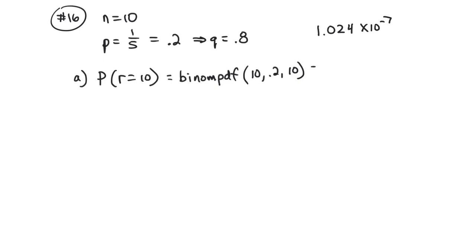So if I write this as a decimal, this decimal point is going to move 7 times to the left, because the negative means to the left, right? It's getting smaller. So move it once and then 6 more times. So I'm going to have 6 zeros, 1, 2, 3, 4, 5, 6.